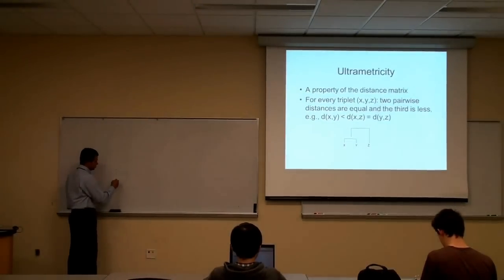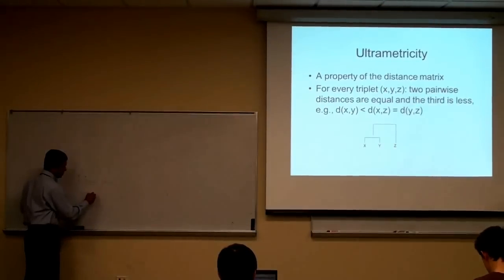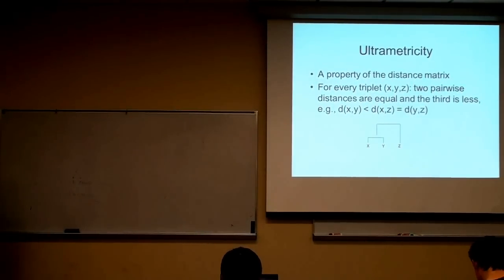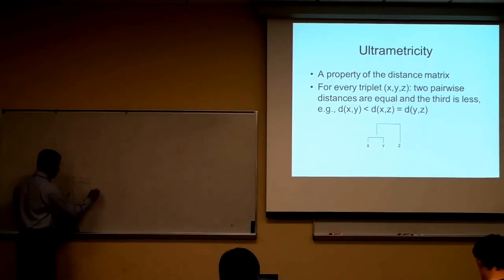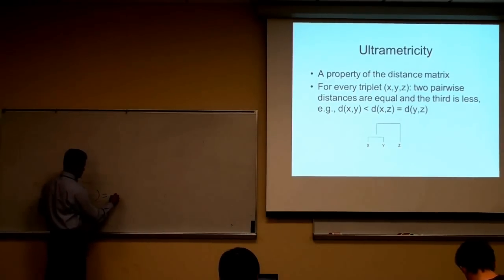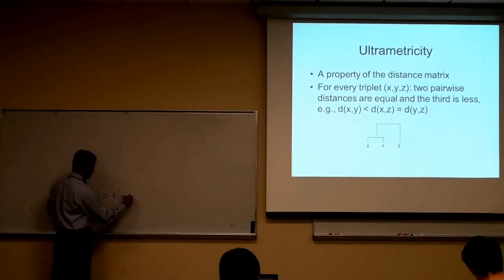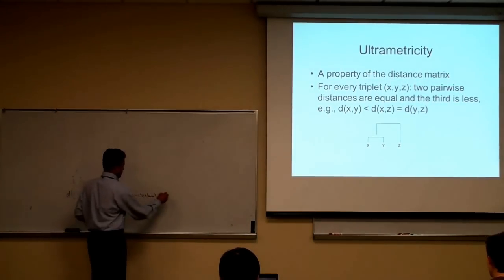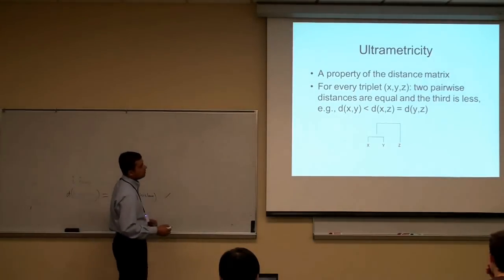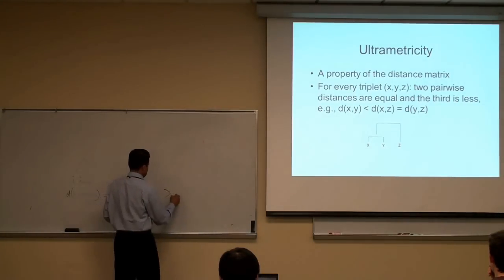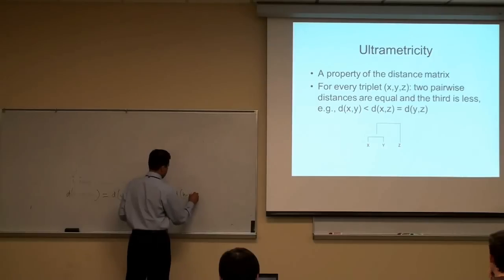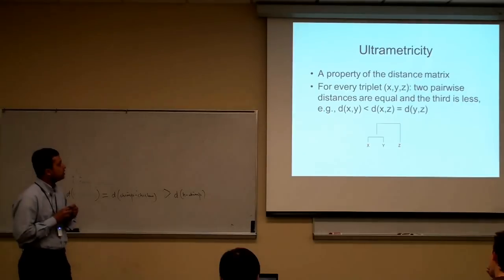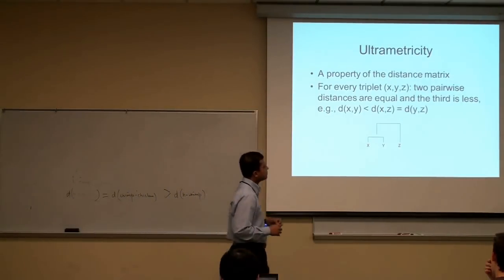Let's say the distance between human and chicken is equal to the distance between chimp and chicken, and both of these are greater than the distance between human and chimp, right? Two of them are equal, and the third one is less.